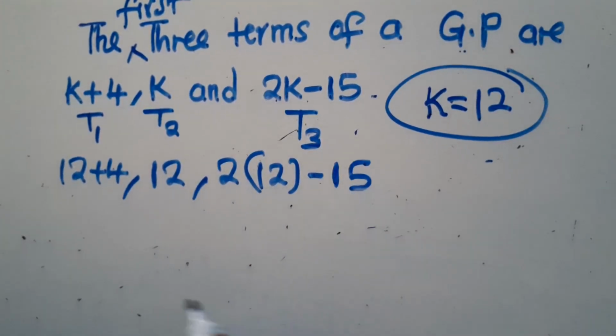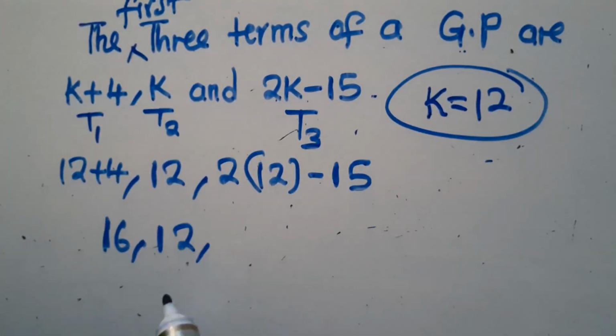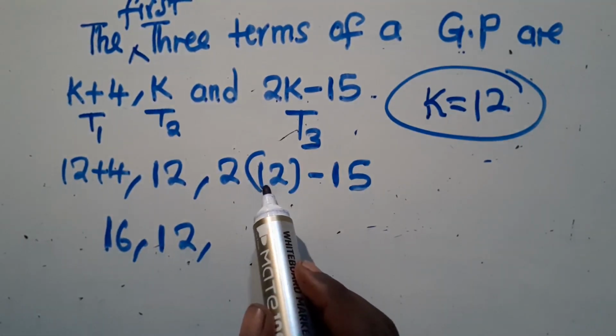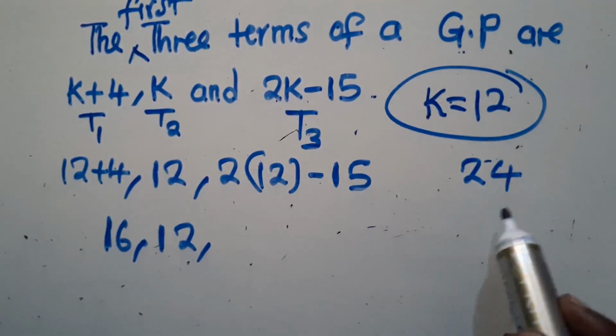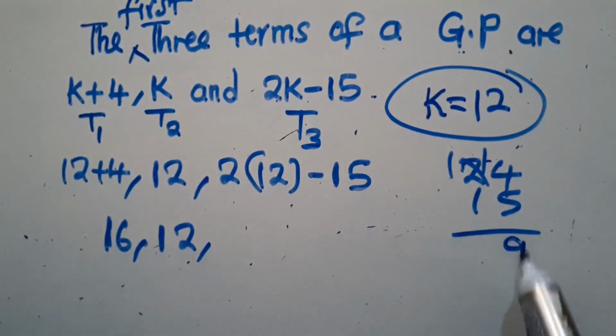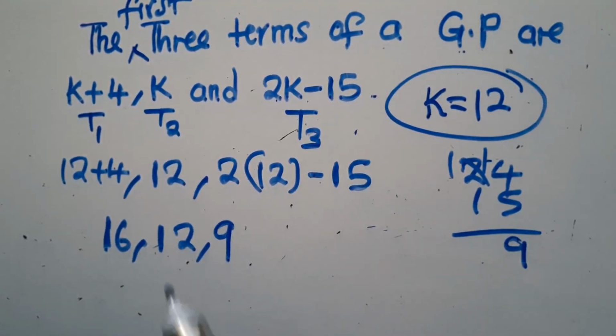minus 15. So here this is 16. This is 12. This is 24. 24 minus 15. What answer am I getting? 9. So these are the first 3 terms. This is the first term.